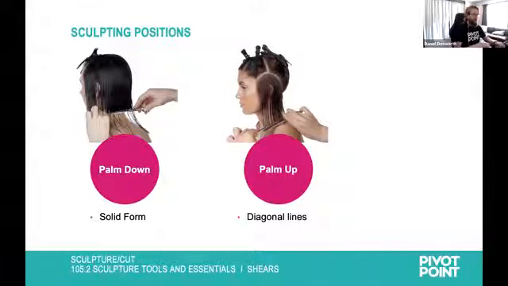And again, turning to this, one of the standard ways that we cut most of our lower lengths, especially our perimeter or our lines, especially a solid form like a 1 length or 0 degree haircut, is palm down. And that's when both of your hands are facing down to the ground. And I'll demonstrate each of these in a moment. In palm up, you typically have your cutting hand positioned with the palm towards the sky.